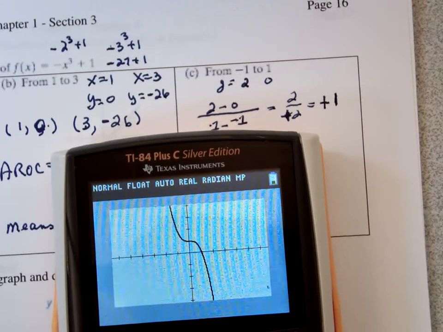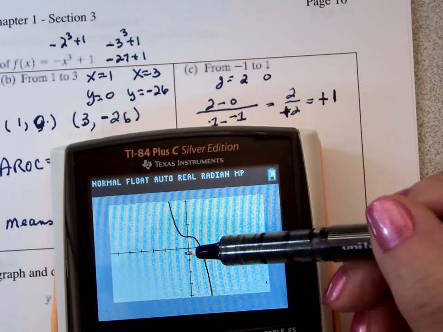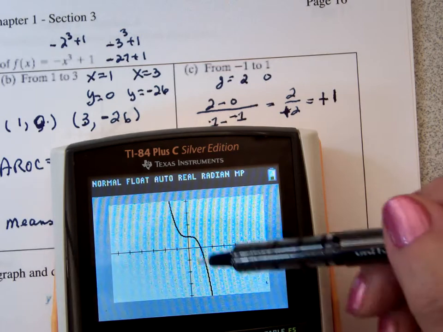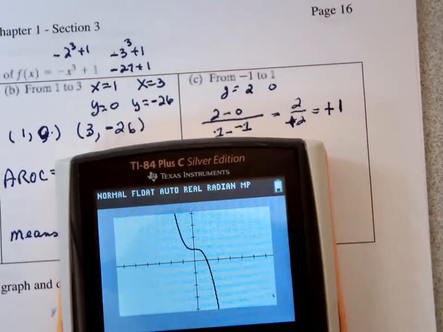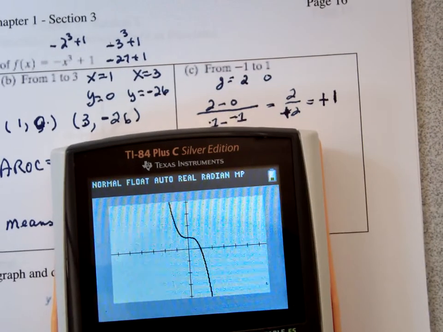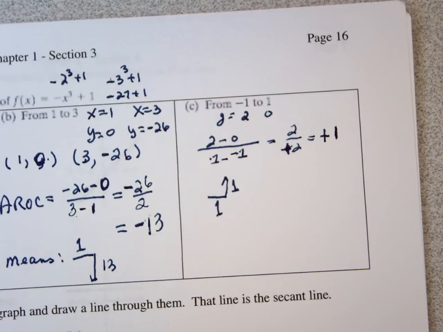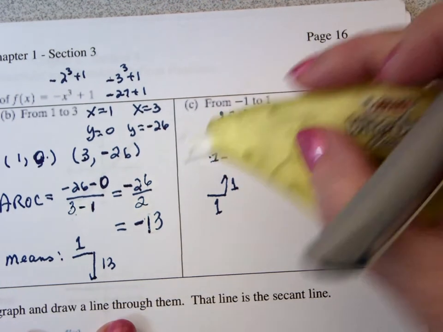And see, no matter what 2 points I pick, this thing's always decreasing, so it can't be a 1. It's 0 minus 2, not 2 minus 0, over 1 plus 1. Negative 2 over 2. Negative 1. Yeah, negative 1. Well, I was right to begin with.